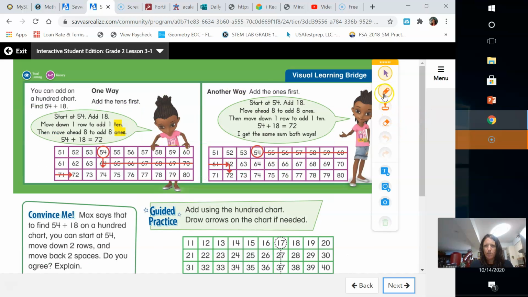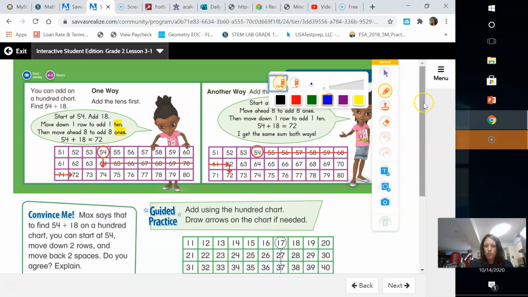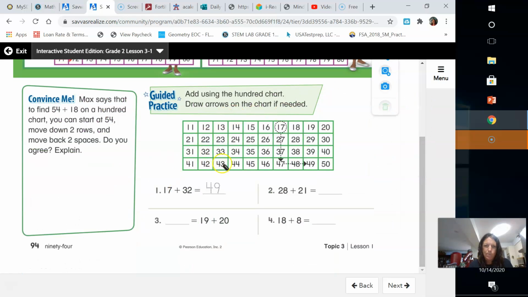So let me grab a pen, scroll down here. All right, so we started on 17, right? They did the tens first, so they went down 3 tens. 1, 2, 3. Then they went across 2 ones. 1, 2, and they got their answer, 49.